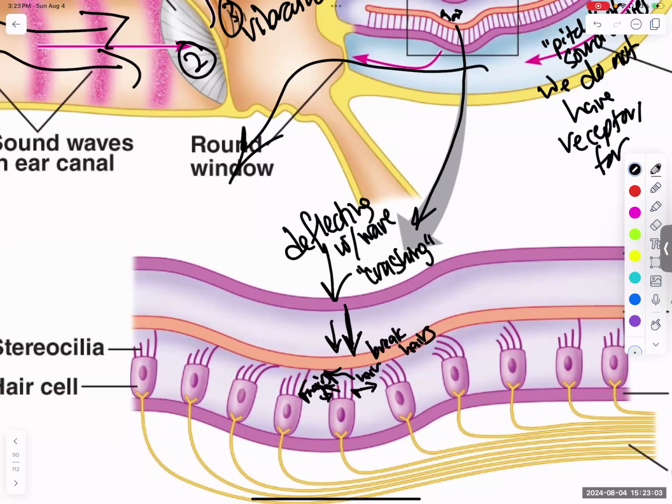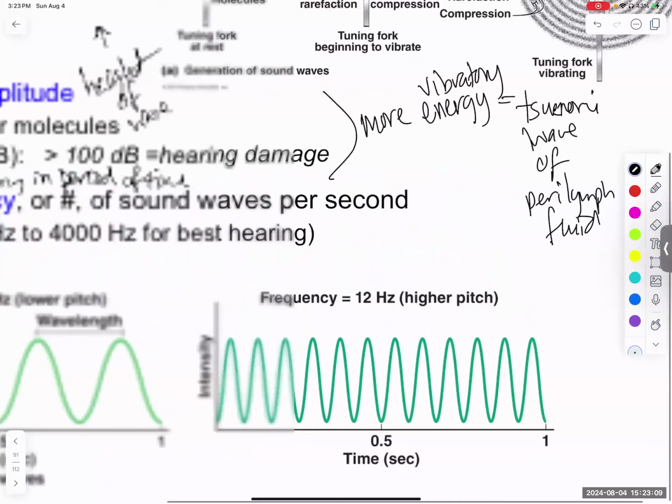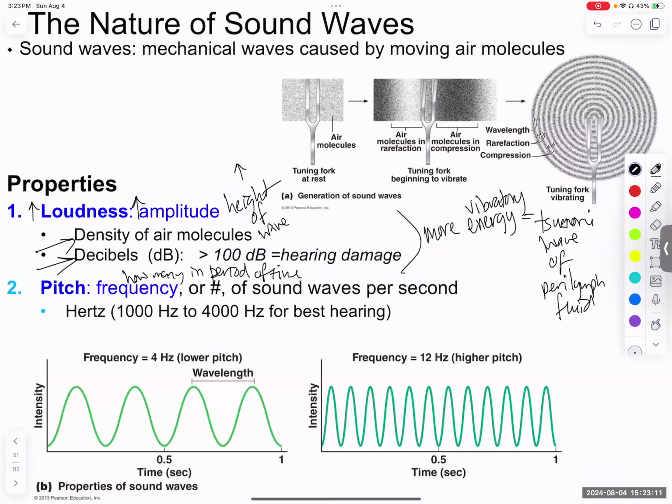So that's how we lose hearing ability with loud sounds. With these loud noises over and over again, we have so much vibratory energy, we just have giant waves crashing down on the tectorial membrane and really bending those hair receptors over and over again until they break. So that's loudness. That's the amplitude.